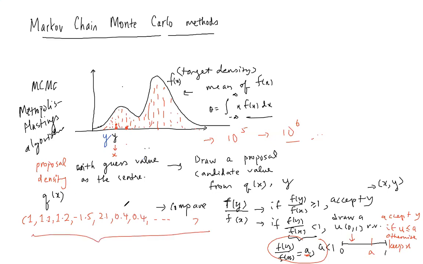And this sequence of numbers is supposed to represent this distribution. But there's actually a dependence between the numbers here, all right? This dependence is because when you want to move the algorithm, your proposal density is dependent on the previous value, right? So that's why there's a Markov chain here, because there's some kind of dependence that goes on in this algorithm, okay?